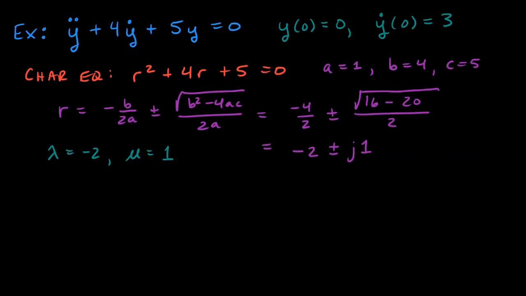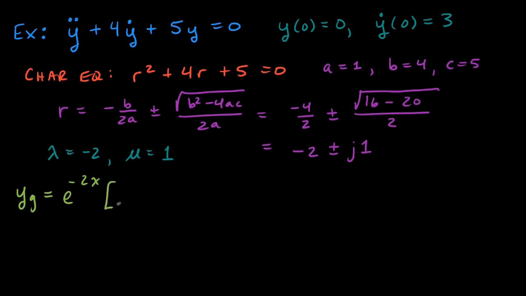All right, so now we can write essentially by inspection the general solution. So our general solution is going to be y sub g. Our general solution is going to be e to the minus 2x, right? That's an e to the lambda x.